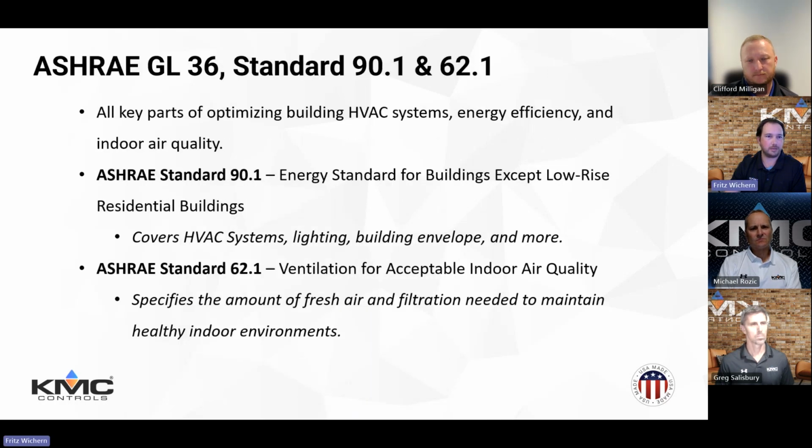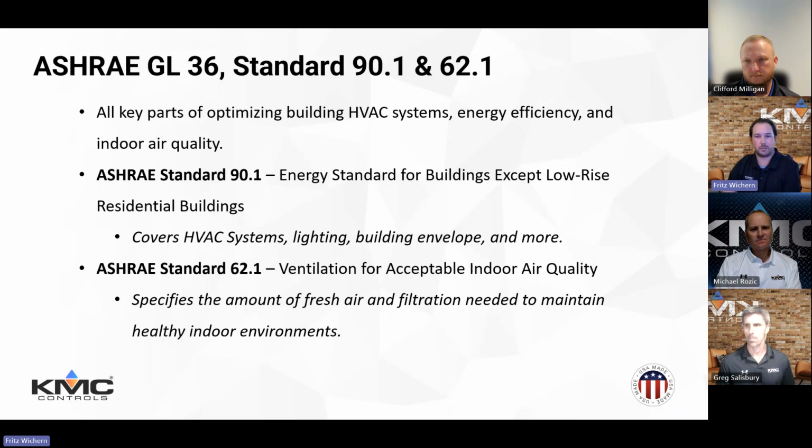In addition to Guideline 36, you have a couple other standards that play a key role in optimizing the buildings and your efficiency. The standard 90.1 is your energy standard for buildings, except in low-rise residential buildings. The standard provides minimum requirements for energy efficiency and building design. So it covers your HVAC systems, lighting, building envelope.